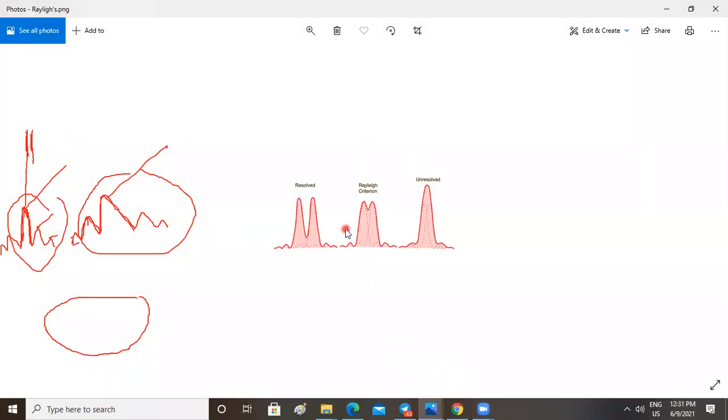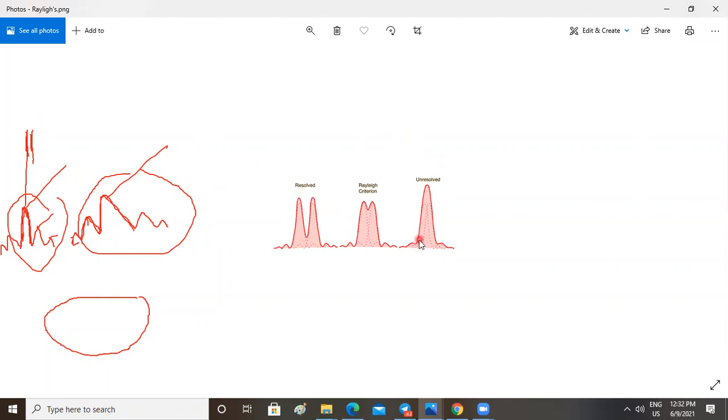You see here, this is the principal maxima of one object, and this is the principal maxima of the second object. These two are separate, so it is clearly resolved and we see two separate lines.